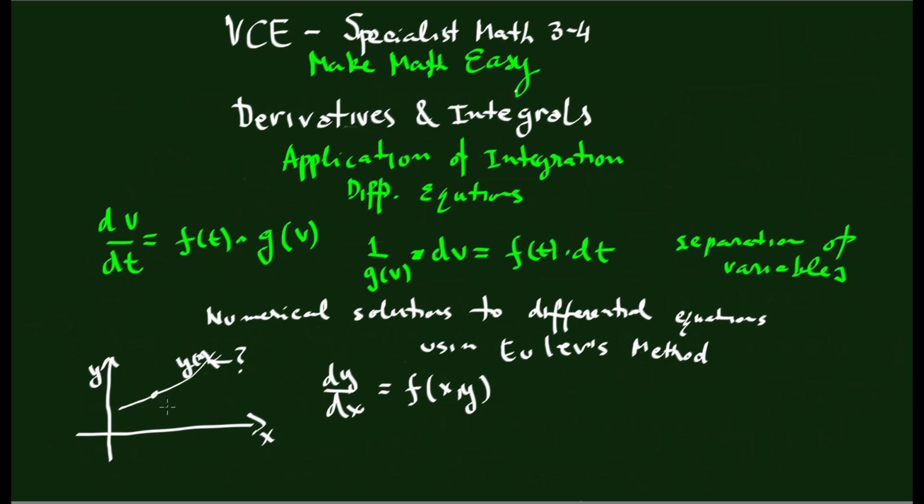So if you take a point here called x0 on the x-axis, and on the y-axis is y0. So if you know these points, and you do know the differential equation, then you can estimate where every next point on this curve is. It won't be just on the curve, but it will be close to it.